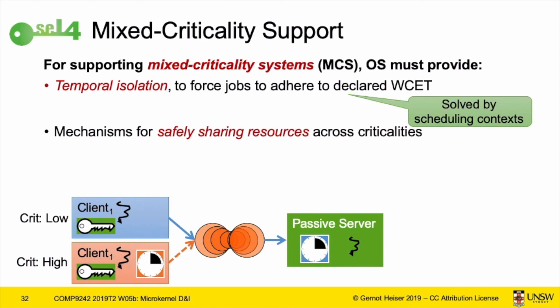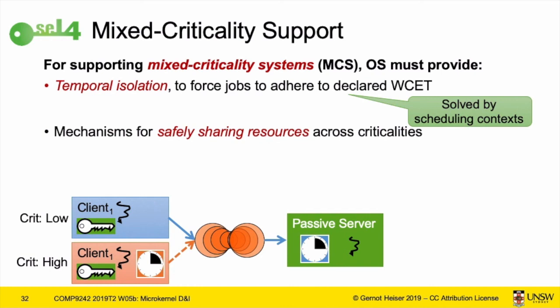This is the example I had yesterday, where we have a shared resource and different criticality threads accessing that resource. The example I gave: the critical control loop and the communications module that updates the waypoints, and the waypoints are the critical data in the shared server. So the server is shared across criticalities.